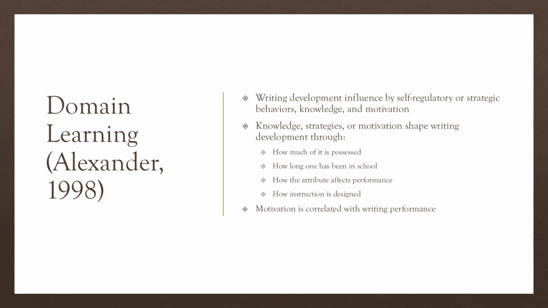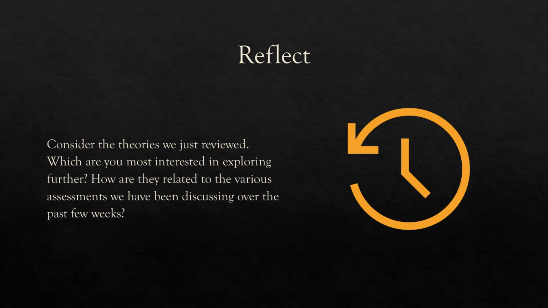And then most importantly for school, how instruction is designed. If instruction allows you to regulate your own writing and your own growth, you probably are going to be more motivated to write. If instruction is very controlling, you may not be motivated. So that's how motivation is really correlated to writing performance.